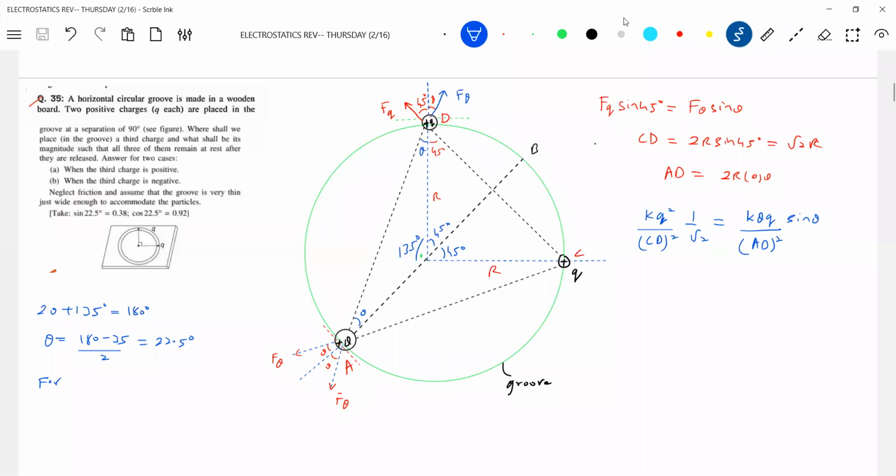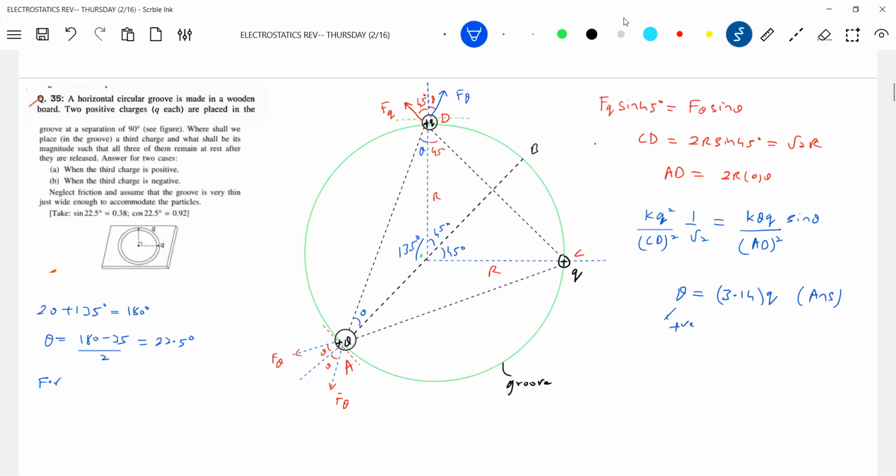Solving all this, substituting all the values, K will get eliminated, one Q will get eliminated. So capital Q will come in terms of small q. The sine theta and cos theta values he has given: sine 22.5, cos 22.5. I'll write down the answer, later on you check it. This is one answer, when the third charge is positive.